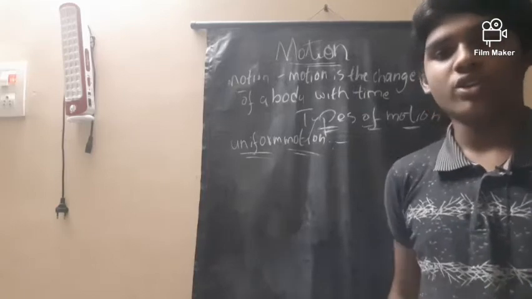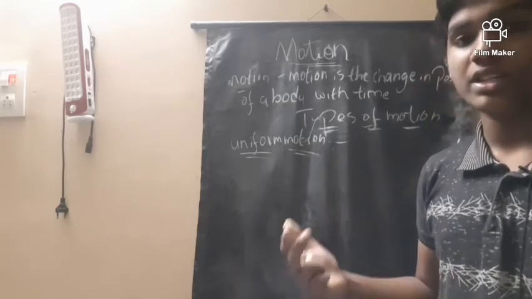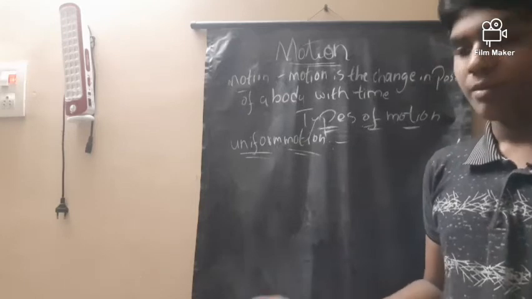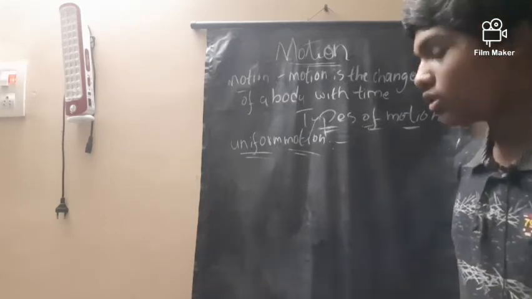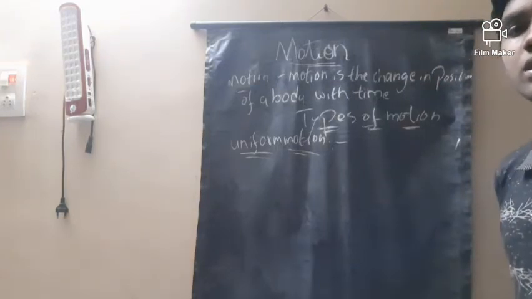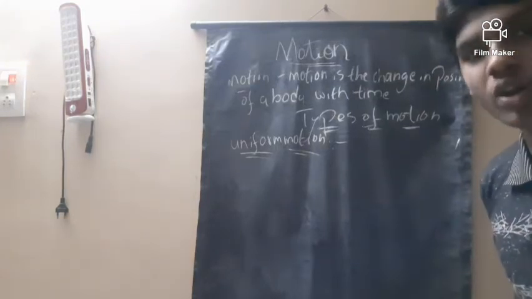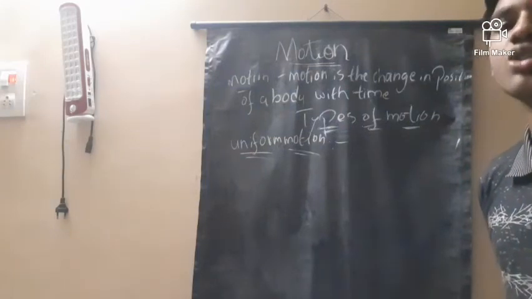They are going to travel 100 meters in how many minutes? 100 minutes, right? Both are equal, the time is equal and the distance travelled is equal. So the equal distance travelled in equal intervals of time is called uniform motion.